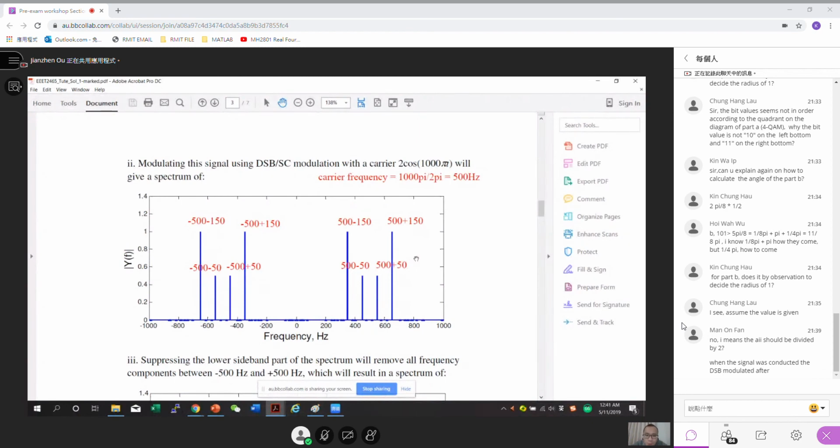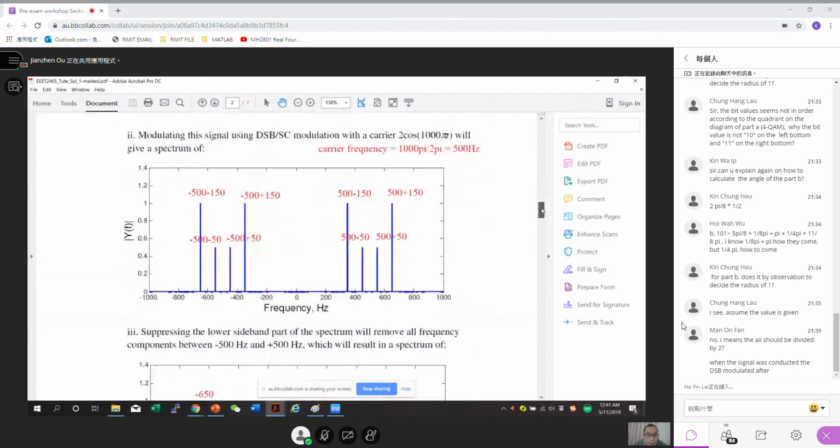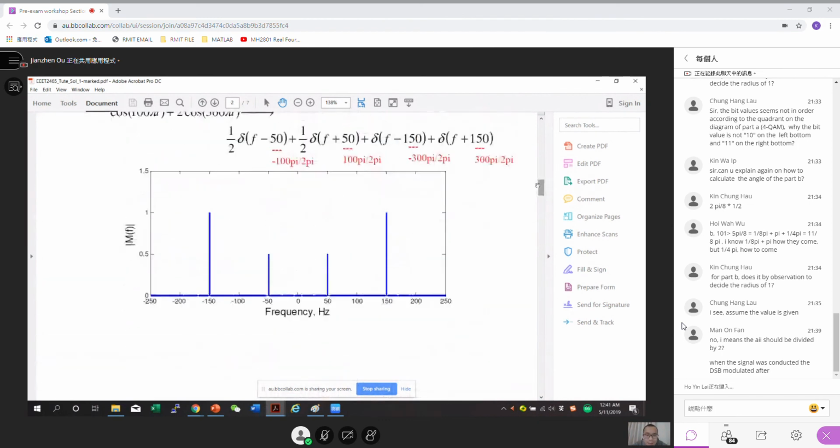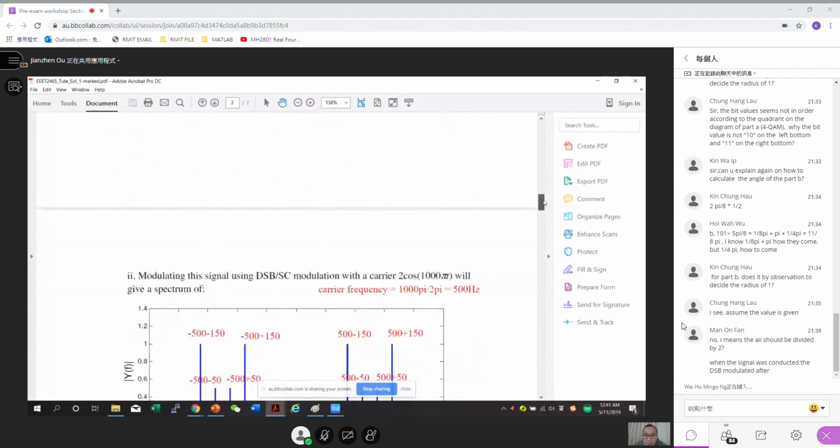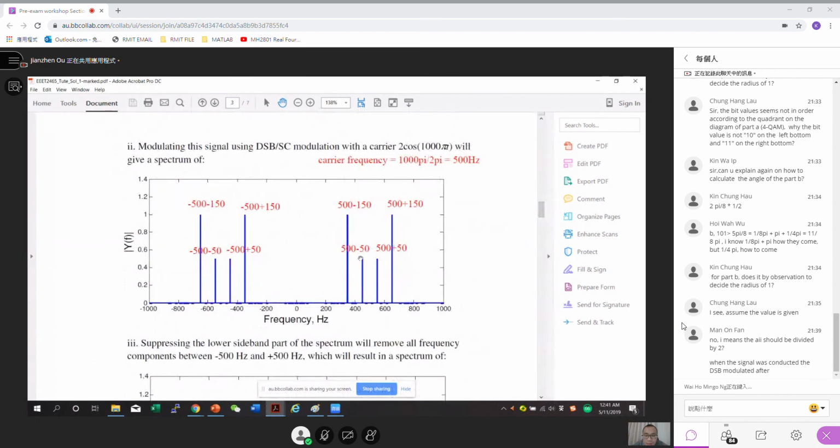What it shows is actually the same amplitude from one. You can see this is 1, 0.5, 0.5, and 1. It's the same here: 1, 0.5, 0.5, 1, 0.5, 0.5. So it has nothing to do with the carrier amplitude at all here.